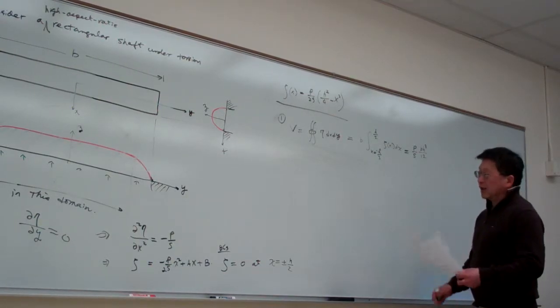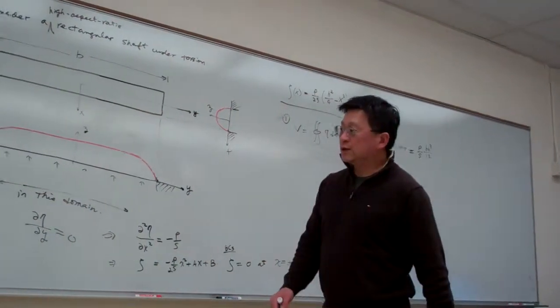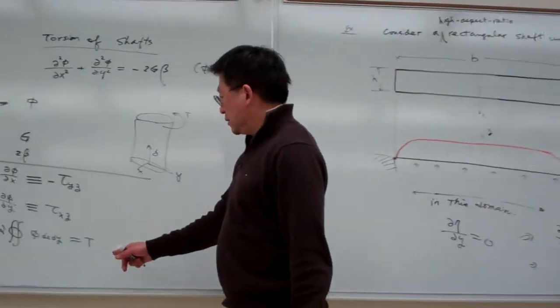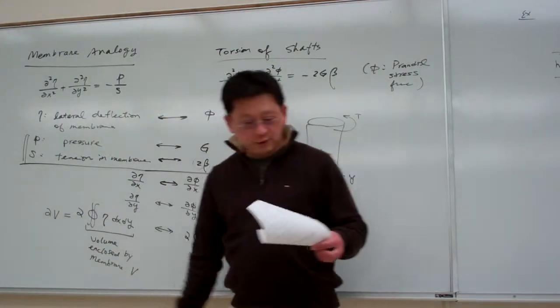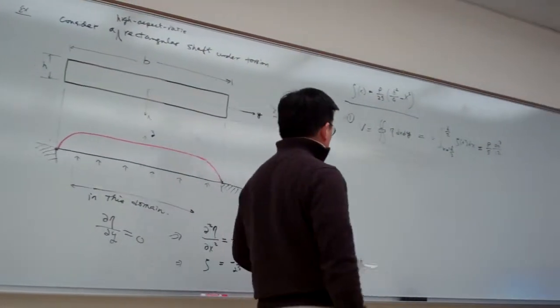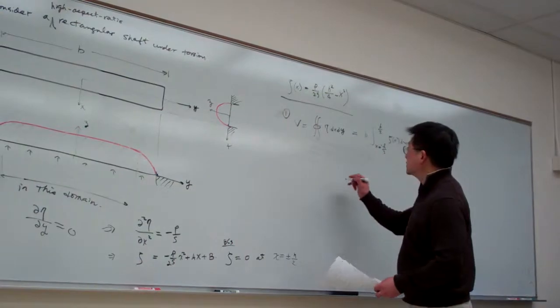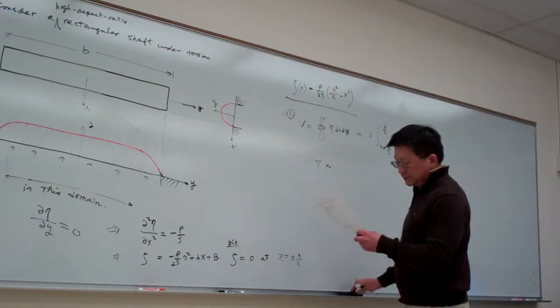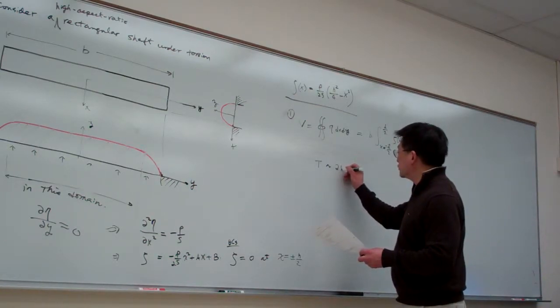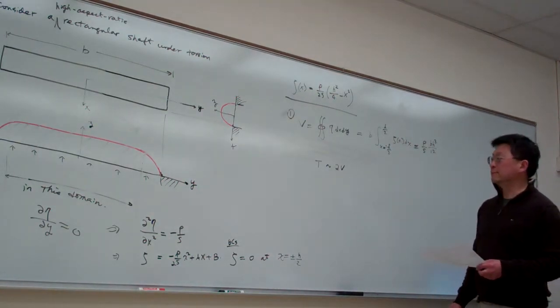Okay. And on the other side, we have this analogy. T is analogous to V. So which means T is in analogy to 2V, okay?